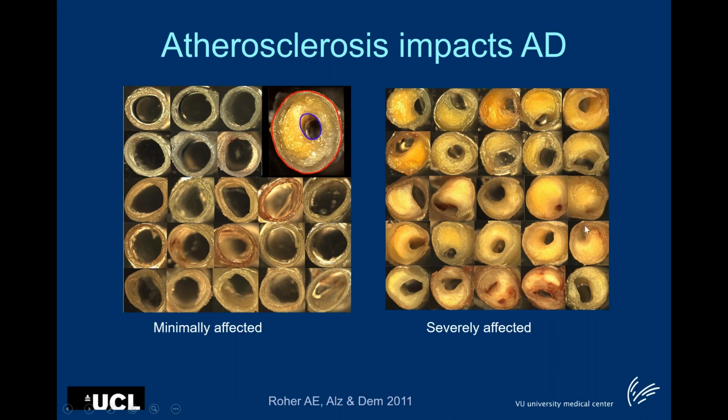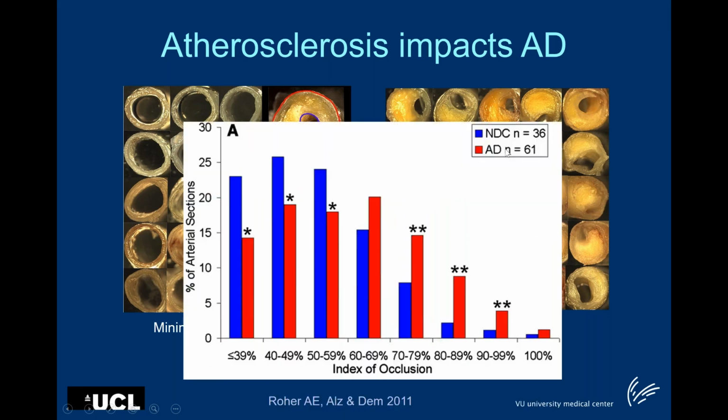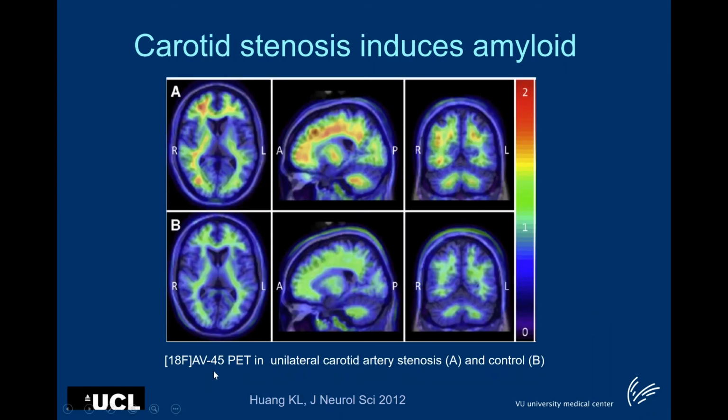Obviously, this will impair the blood flow. And it turns out, if you look at AD, that there is a higher proportion of patients with narrowing of the carotids. And probably, as I said, the narrowing of the carotids will impair the blood flow and hence also accelerate the formation of amyloid plaques and downstream events leading to neurodegeneration.